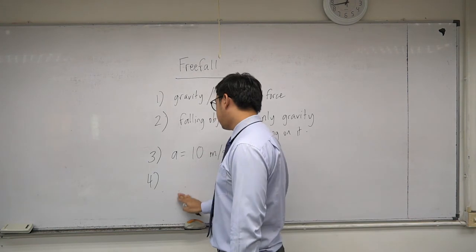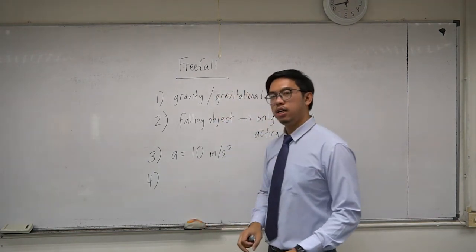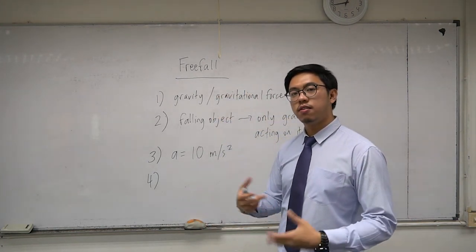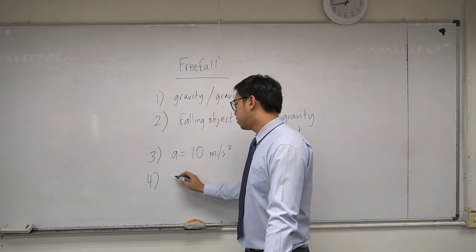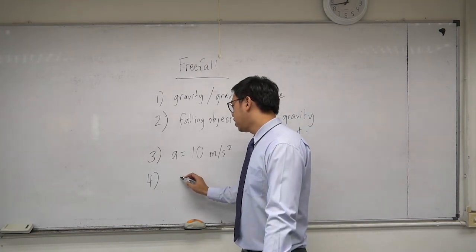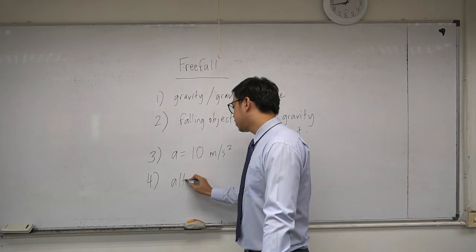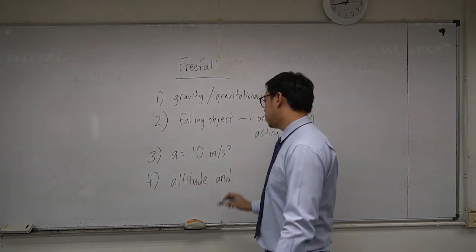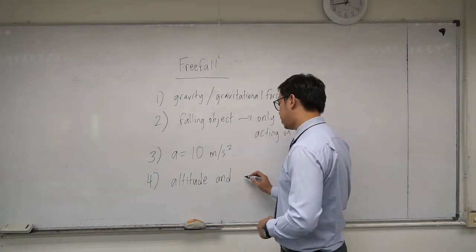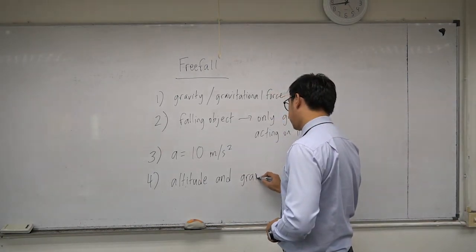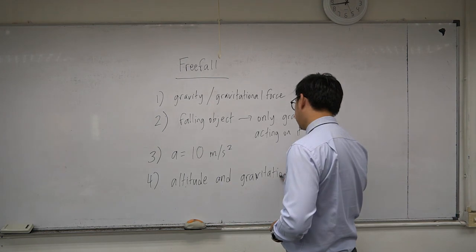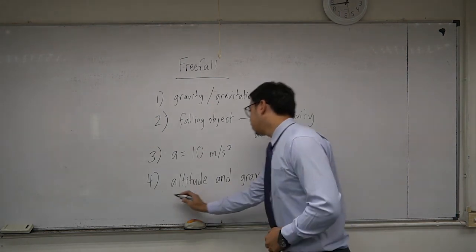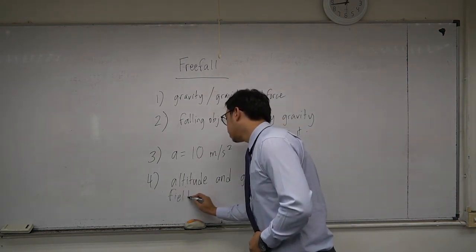And then the last thing that we learned is what are the factors affecting free fall. There are two factors affecting free fall: the altitude, and the gravitational field strength.